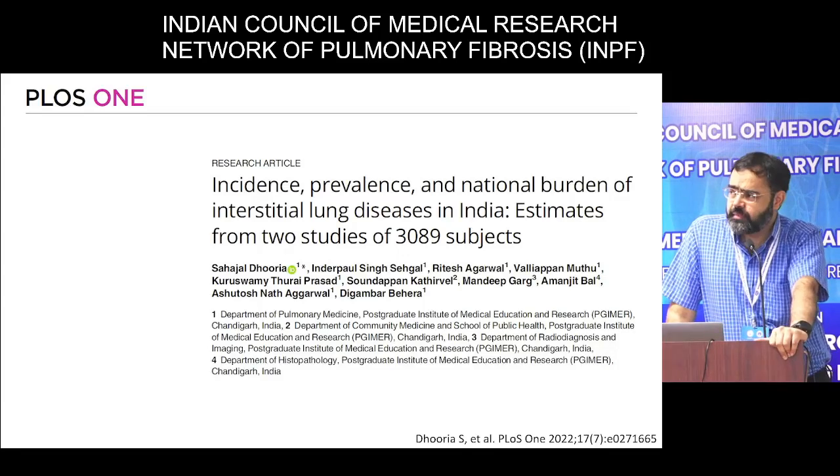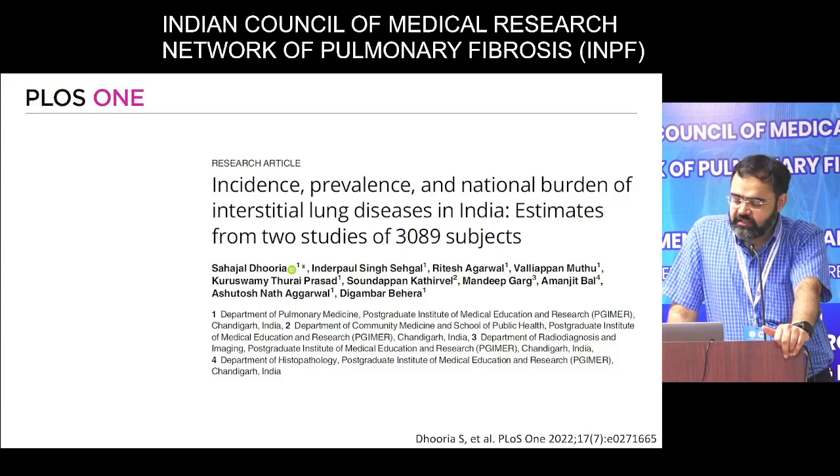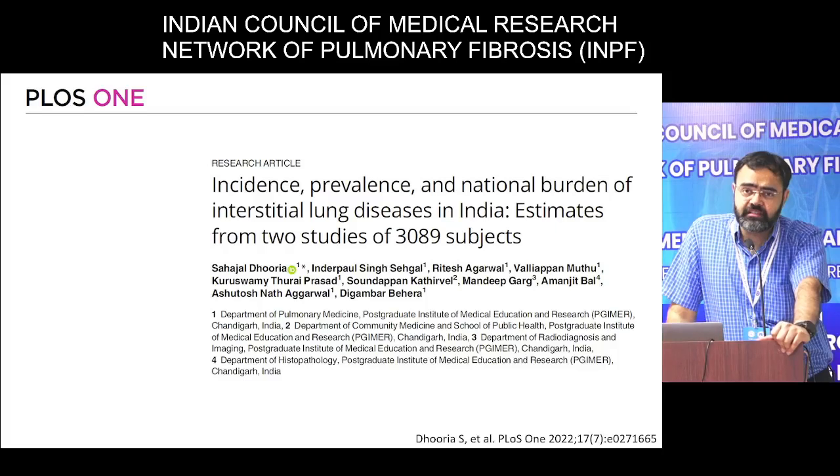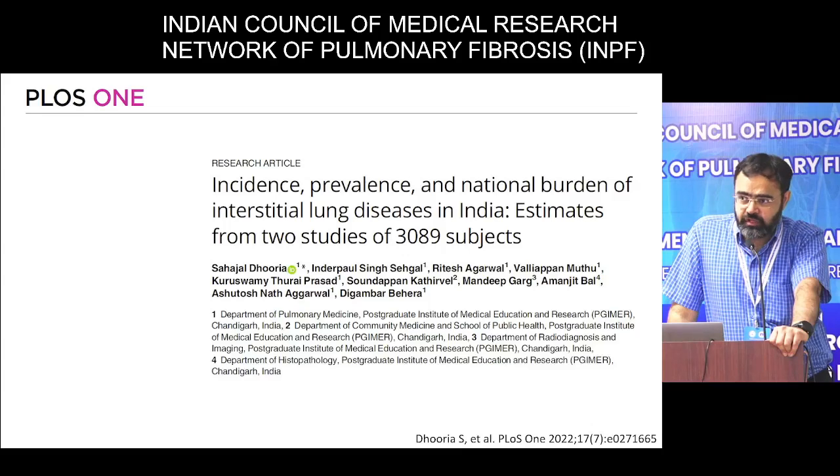So this was the paper I was talking about in my last talk also, which we published a couple of years back. And for the first time we looked at the incidence, prevalence and national burden of various interstitial lung diseases in India. We had about 2,000 subjects from our center. We combined 1,000 subjects from the ILD India registry, so that we had about 3,000 subjects to estimate the burden.